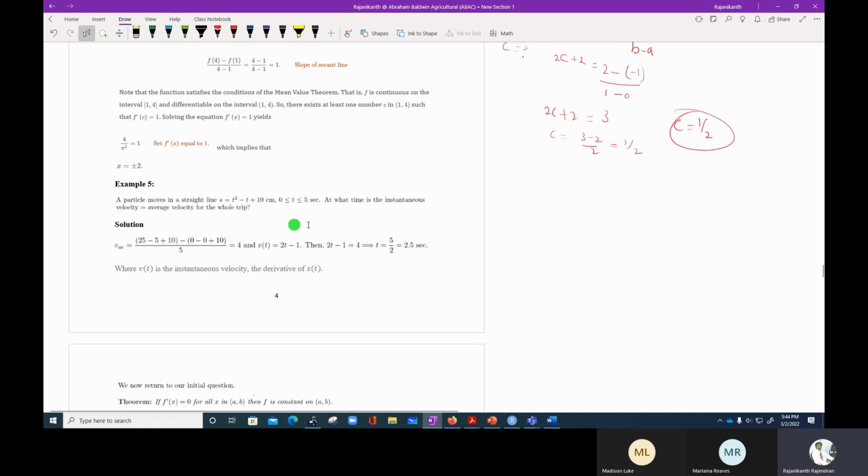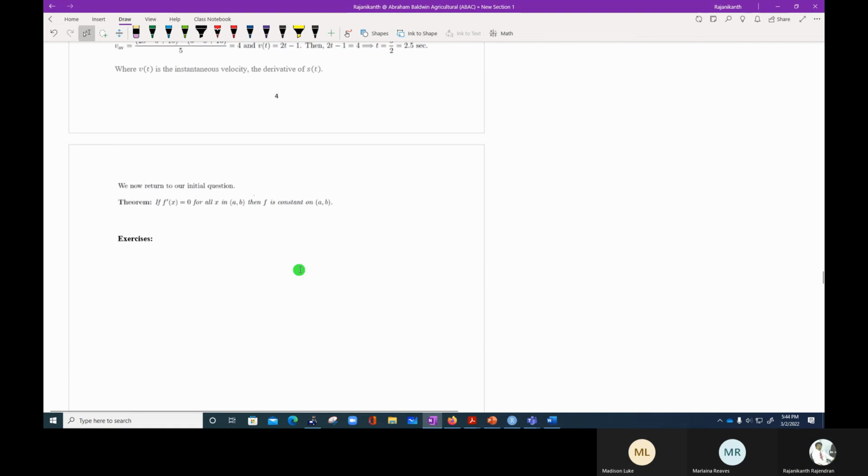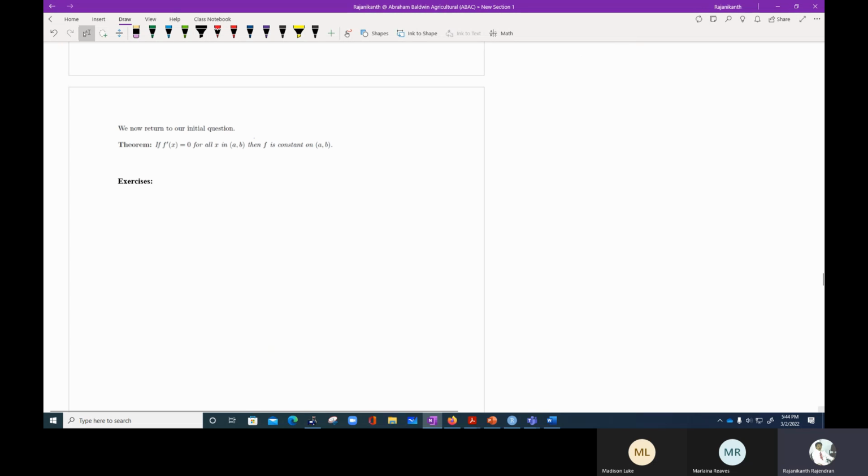You could think about this one in the same way. Practice some problems from your textbook, again from section 3.2. So what are the problems you need to try from 3.2?